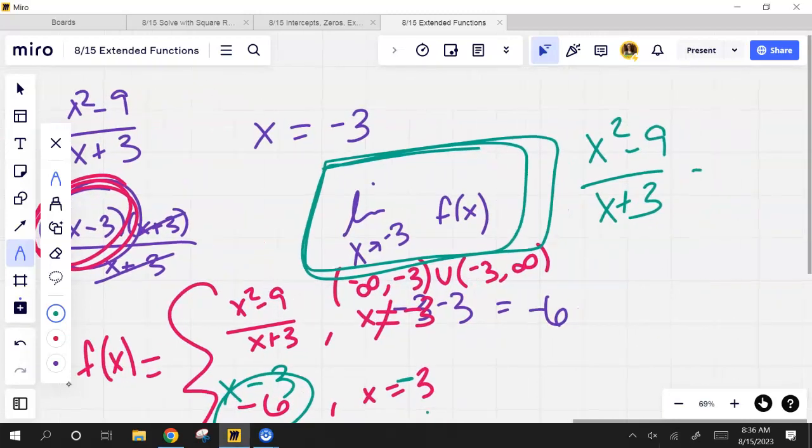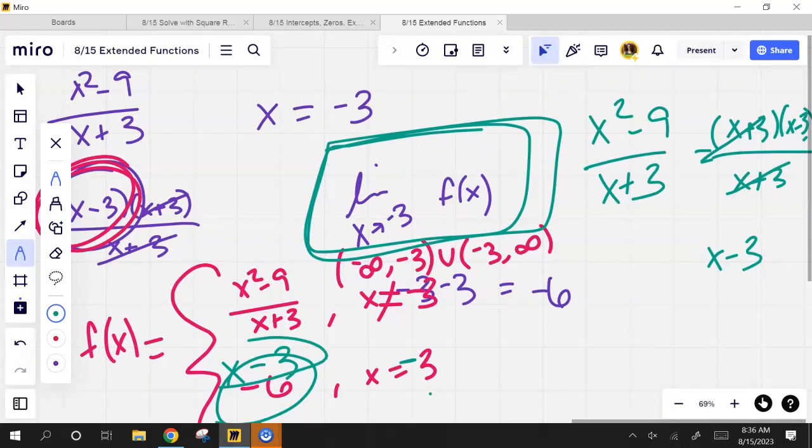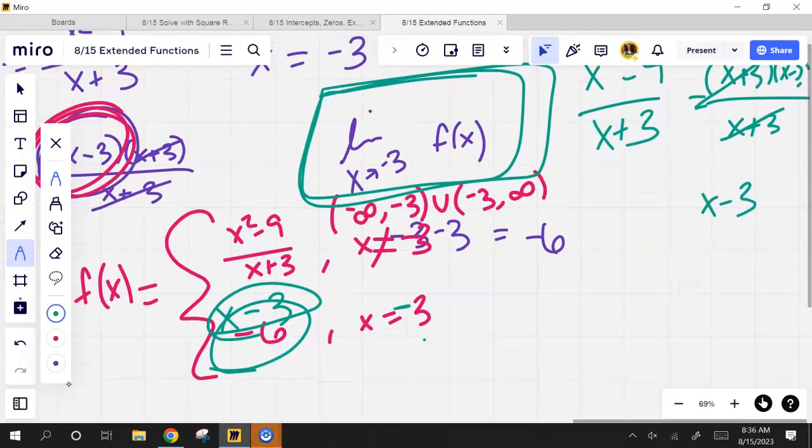And so what happened was that x plus 3 canceled out, and it left me with x minus 3. So I could put x minus 3 as my extended function part when x equals negative 3, or since it's only 1 point, I could go ahead and plug it in and say, when x is negative 3, that means y is negative 6, so I could do it like this too.